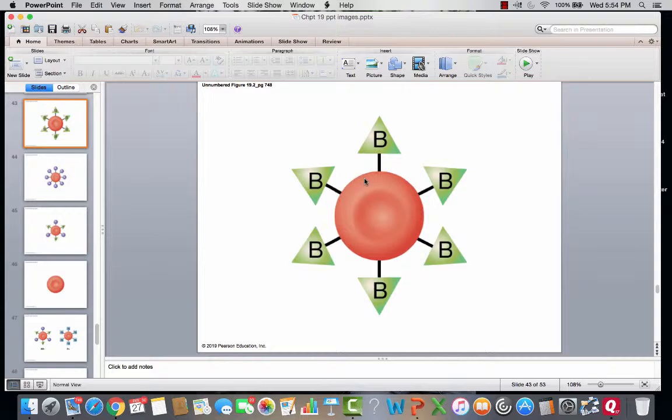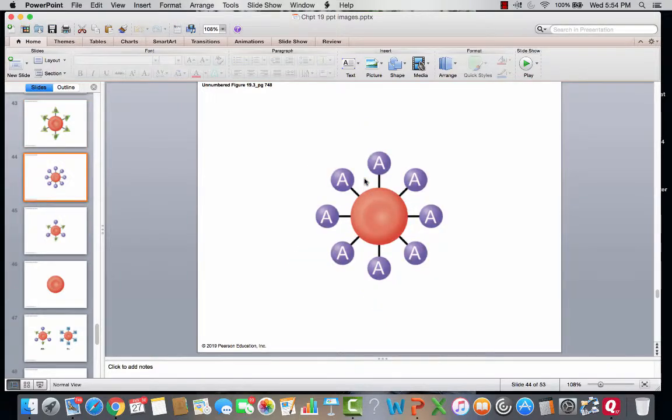So the two different types of antigens that you might have, and we're talking about these antigens being on the surface of your red cells, are type B antigens or type A antigens. And again, these are proteins that we make based on our genetics that are on the surface of our red cells.